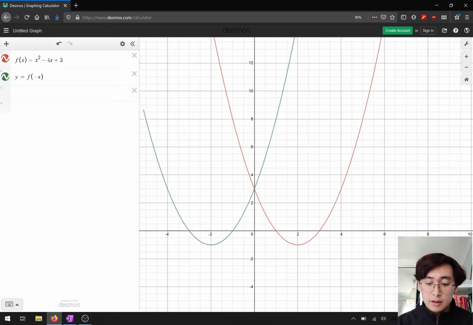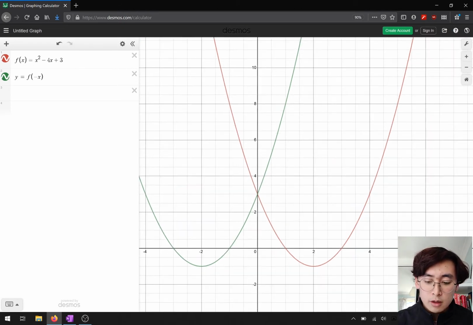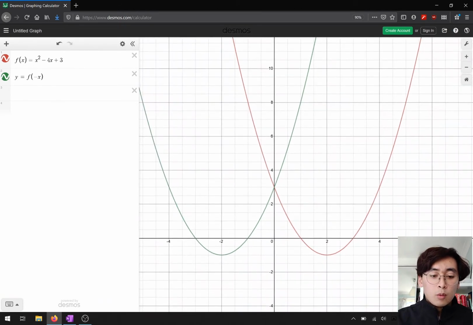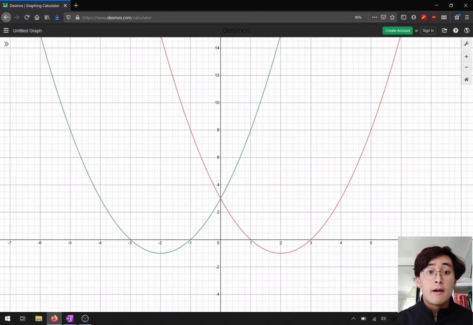And see here, we have a different function in green. Have a look at the original function in red and the function in green. What's happened to get from the red function on the right to the green function on the left? Well, what has actually happened in this graph is we've reflected the graph along the y-axis.